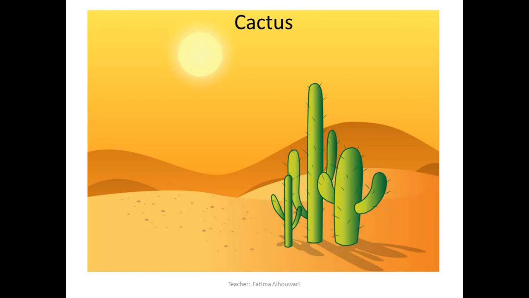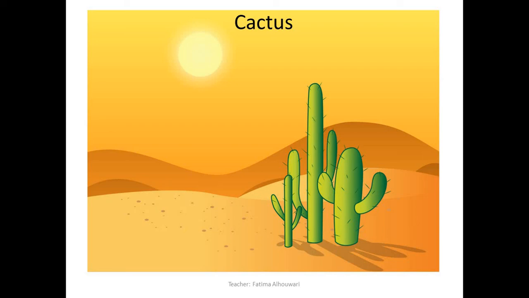Cactus is a very strong plant and it has adapted itself in such a way that it can grow with very little water. How can this plant do that? Have you noticed, grade 1, how thick the stem of the cactus is? The stem of the cactus is very thick. Why do you think that?